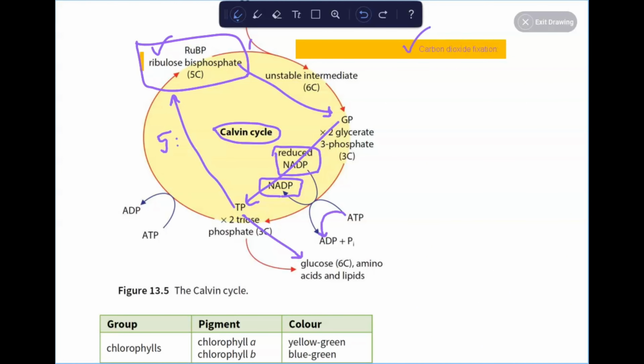And the name of the enzyme which is used here, this is very important, is Rubisco. Rubisco is one of the most important enzymes here, and also one of the most abundant enzymes in living organisms. This Rubisco enzyme is required to convert RuBP, by combining with CO2, to GP.